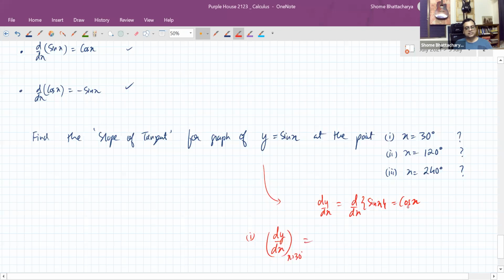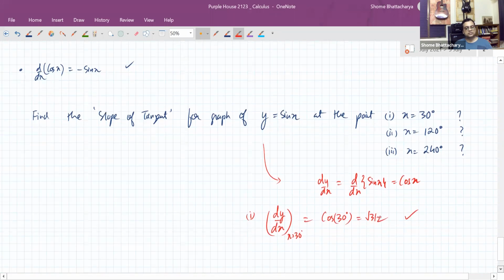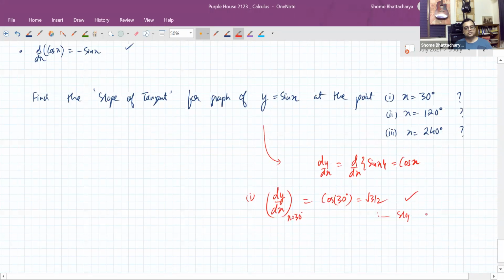Now dy by dx is cos x. So this will become cos 30, and cos 30 we all know is root 3 by 2. So that is the value of the slope of tangent for the graph of y equal to sine x at the point x equal to 30 degrees.